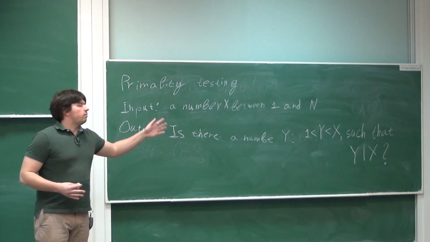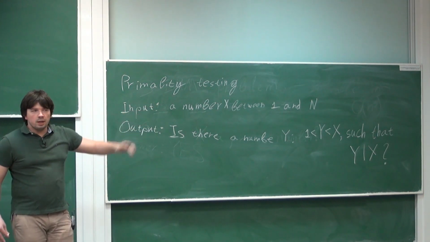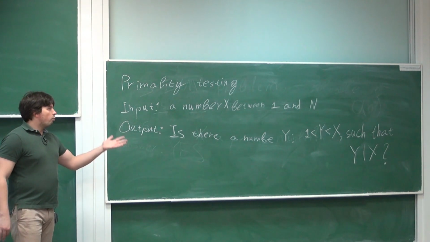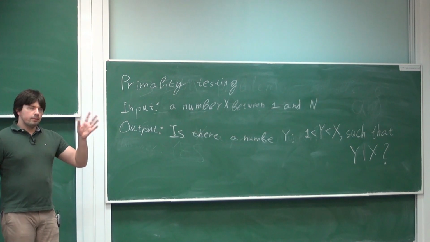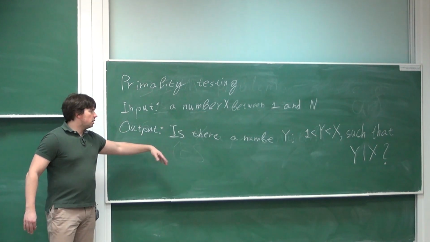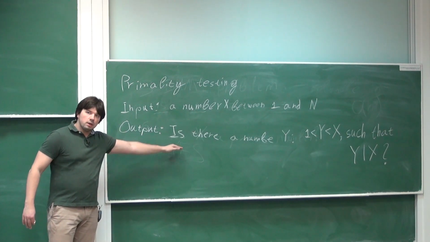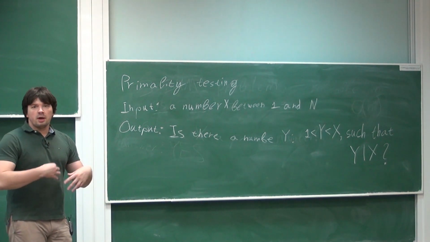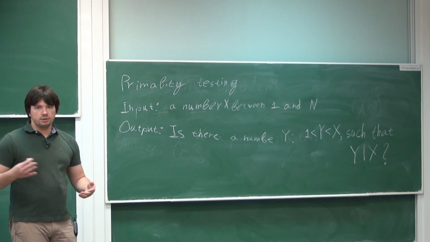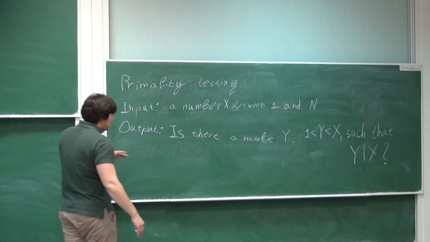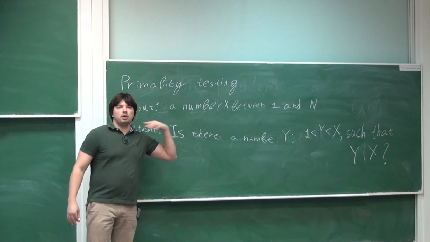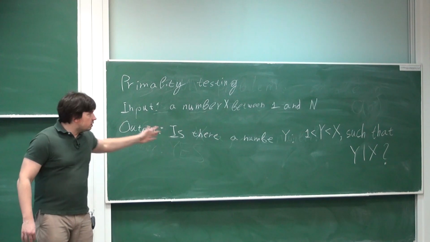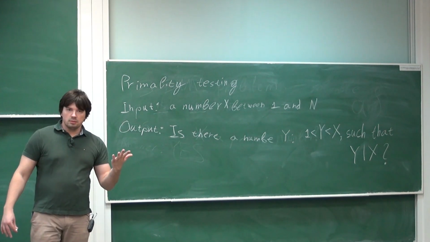If x is close to n, then you will have to go through all the numbers from 1 to n. If the answer is yes, there is such a y, maybe you'll get lucky and find it early on and stop. But if x is actually a prime, you will need to go through all the numbers to check that.